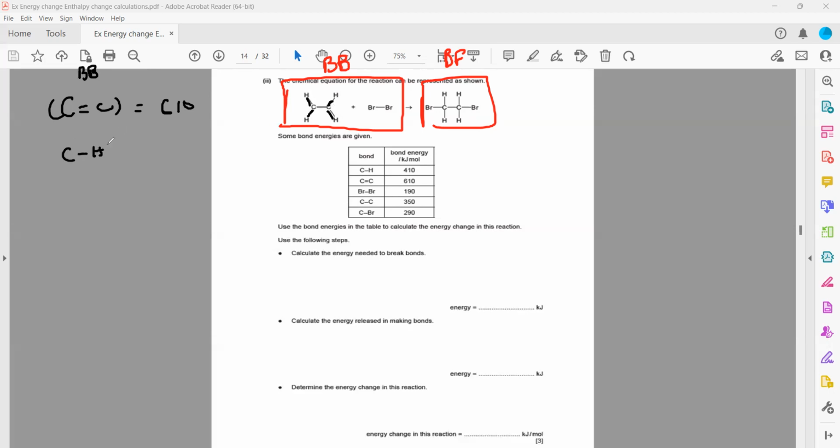So there are 4 carbon-hydrogen bonds, so it will be 4 into 410. Then there is the bromine-bromine bond, Br-Br, which is 190. And we will add all of them: 410 times 4 plus 610 plus 190. The sum will give us the bond breaking energy.